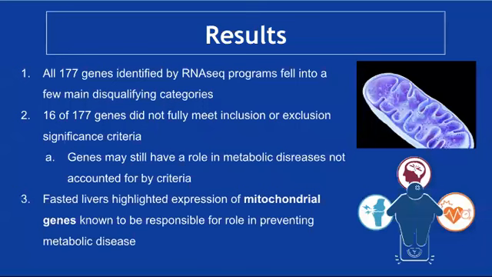Once I finished going through and comparing all those maps for all 177 genes that the program called, I concluded that most of the genes did end up falling into the disqualifying criteria that I developed. Out of 177 genes, though, there were 16 genes that weren't fully disqualified, so they didn't meet all the disqualifying criteria, but they also did not meet any of my inclusion criteria.